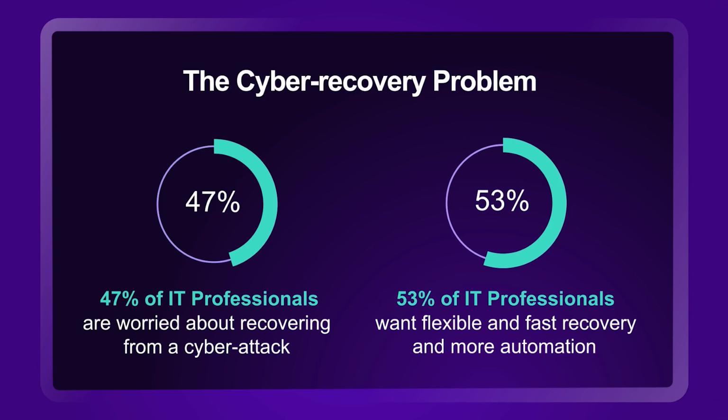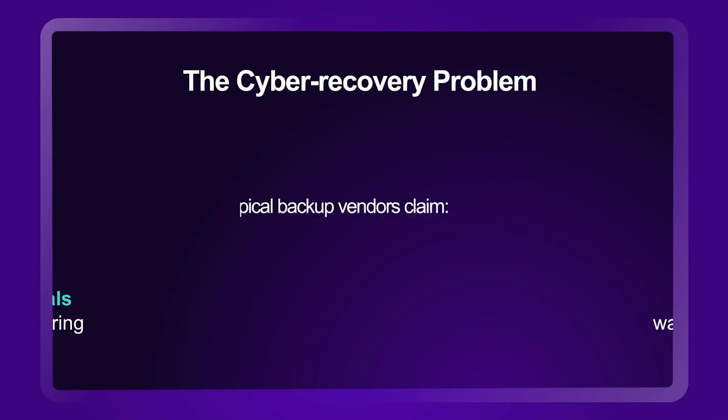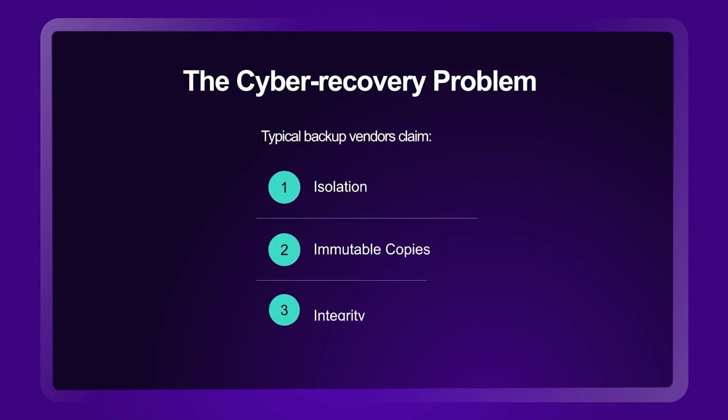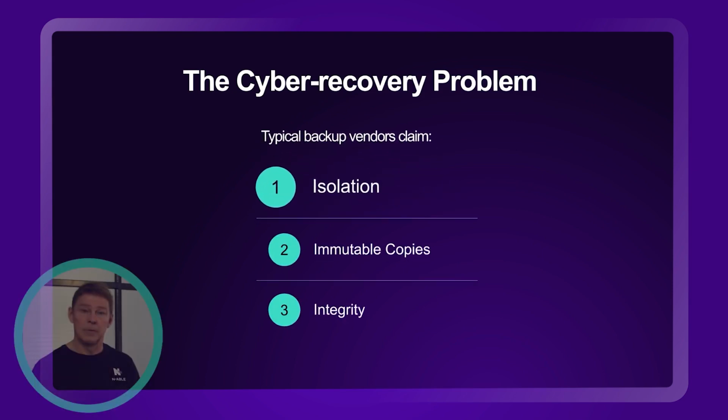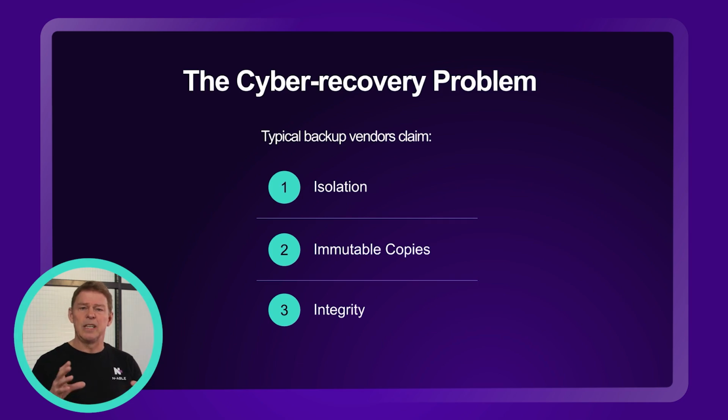Knowing that, we know that the market, legacy vendors particularly, have designed against three architectural principles, the 3 I's. Isolation, that's really code for keeping the attack surface as small as possible. So we have concepts like air gaps and other things, the vault, that are being put out into the market as best practices.